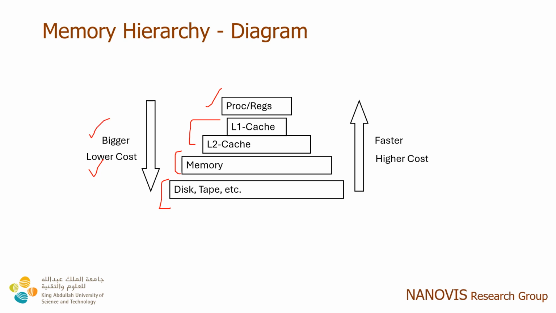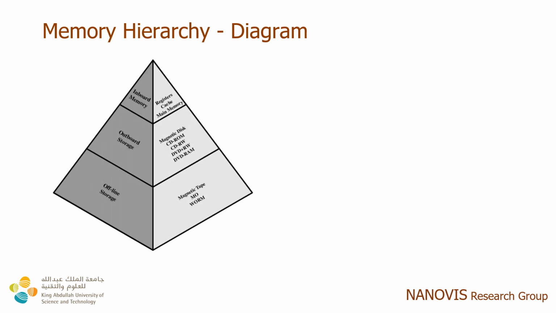If you go from bottom to top, the speed increases and the cost also increases, but the size decreases. Here you can see the cache and registers with main memory. These are called inboard memory, and the next level is outboard memory and offline memory.